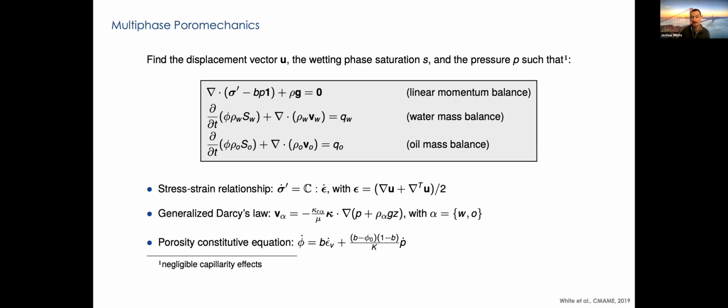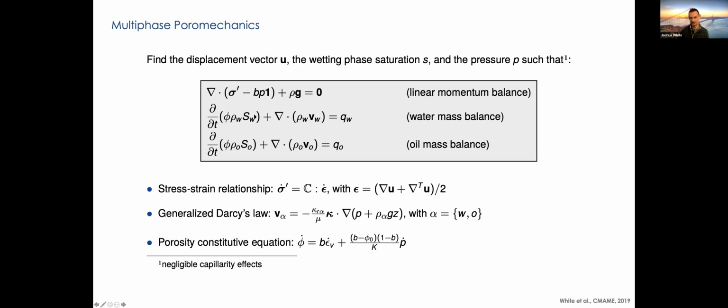Now, this is a pretty standard system, but you can imagine there's a few ways that this can get simpler or more complicated. If we're just interested in a single phase system, so for example, let's say water disposal, where we're injecting water into water, then we can get rid of the oil mass balance equation.